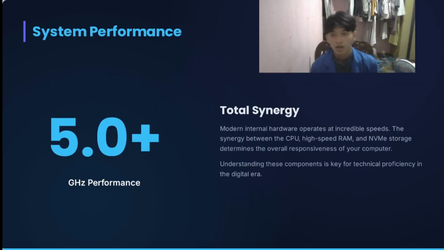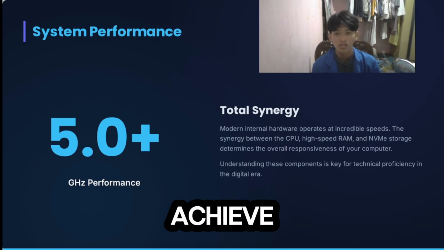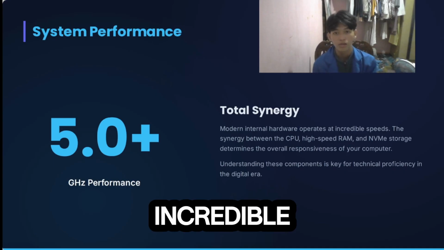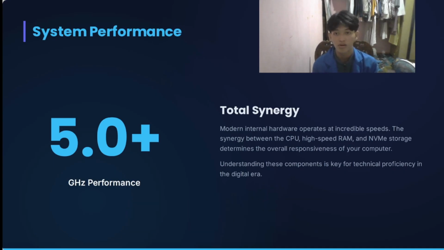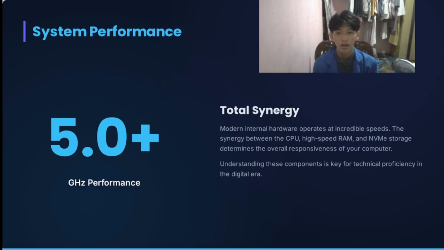Next slide, system performance. In conclusion, modern computers can achieve incredible performance, even over 5.0 GHz, because of total synergy. A fast system does not depend on just one component.